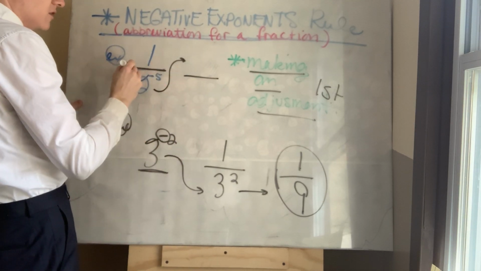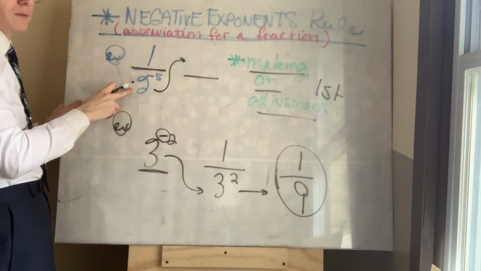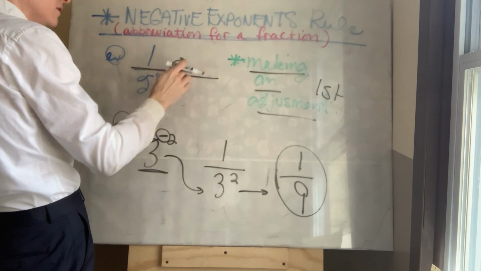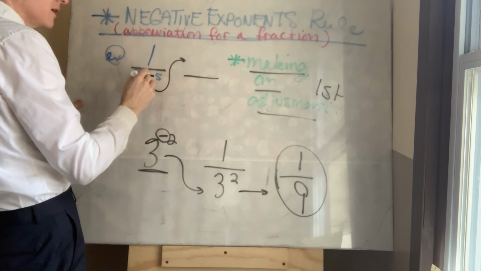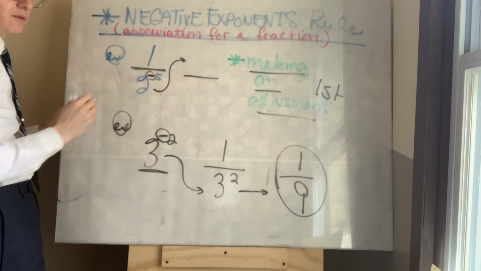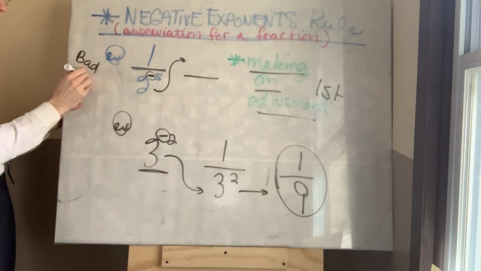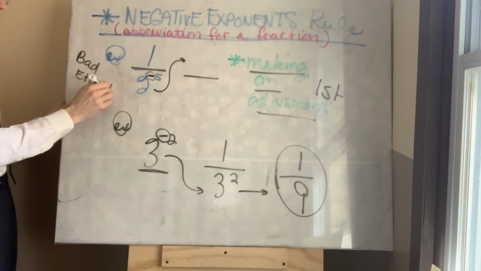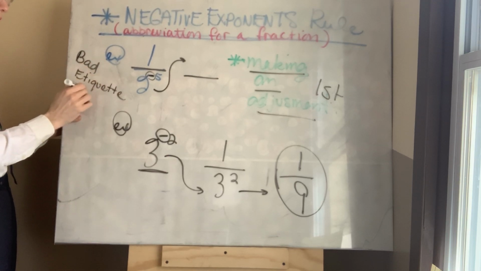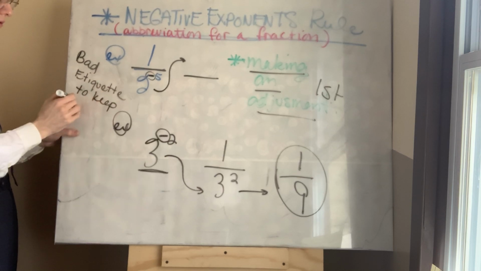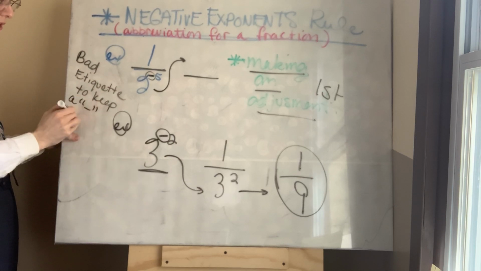It starts out as the bottom, the denominator, and then if you move it, for the sake of dismissing this negative, it's considered, shall we say, bad etiquette to keep a negative exponent.